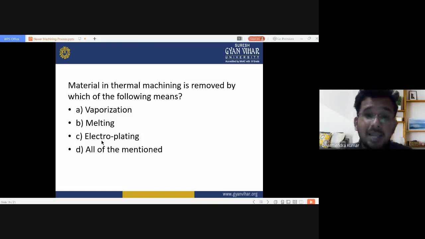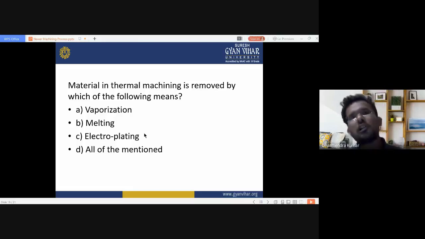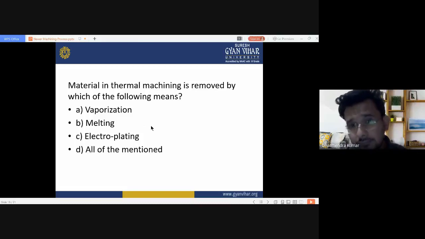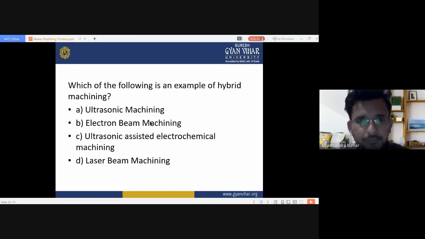Vaporization is associated with the thermal machining process, melting is also associated, and electroplating is also associated. Then our option is D, meaning all of these activities are used in thermal machining for material removal action.